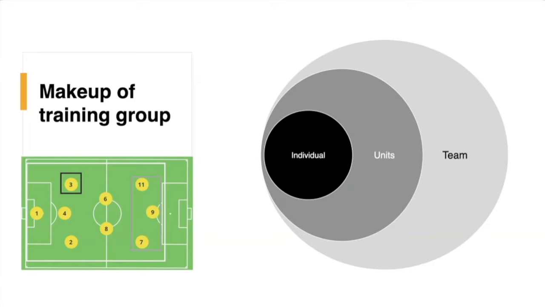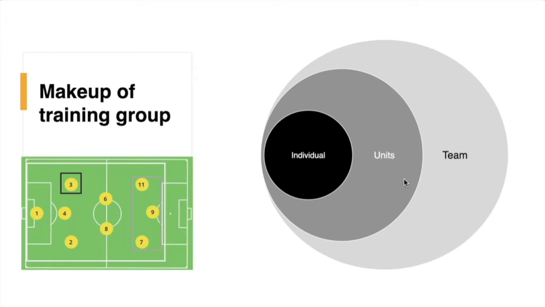Again, to kind of pave the way for what we'll talk about tonight, the makeup of a training group is really important to keep in the back of your own mind. So you kind of work your way down from a team, which obviously is the maximum number of players you've got. In the instance of COVID times, we're not necessarily working with a team specifically, but kind of more of a training group. Within that, you might have units.